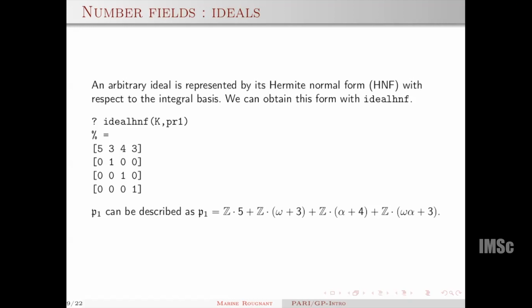Here, if we try with my first ideal that I had, P1, you can see that P1 is 5Z plus (3 plus omega)Z plus (4 plus alpha)Z plus (3 plus omega alpha)Z. So it has this shape.